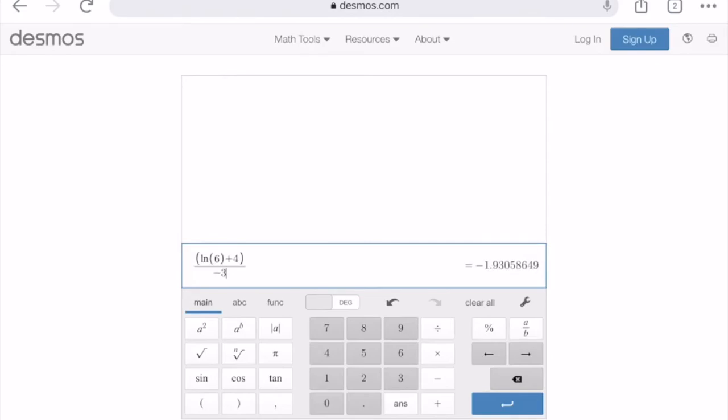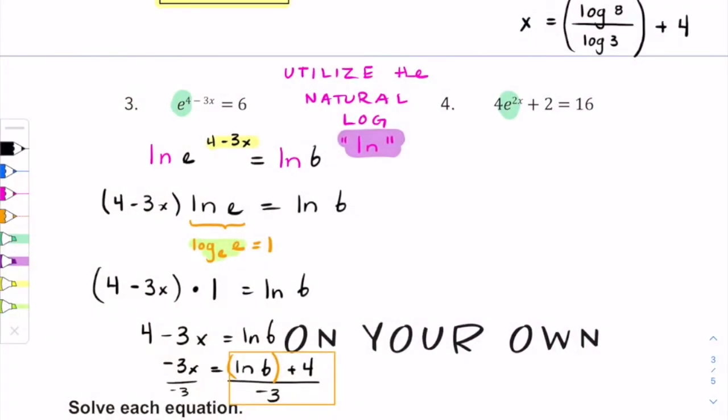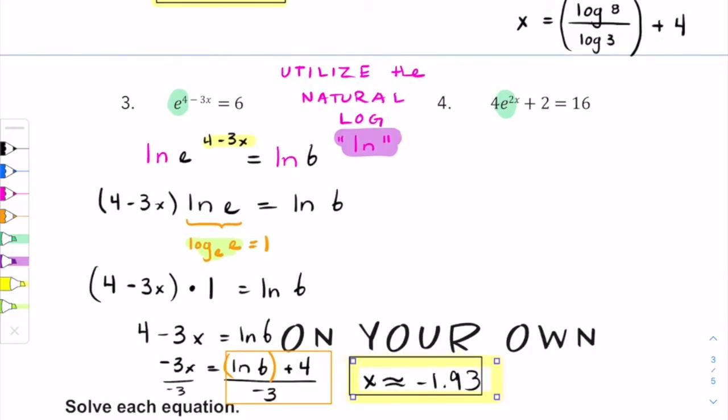So ln of 6 plus 4 divided by negative 3 is negative 1.93. So I made this note at the top in pink to utilize the natural log. I'm going to add to this note, and I'm going to say that ln of e is always log base e of e, which equals 1.